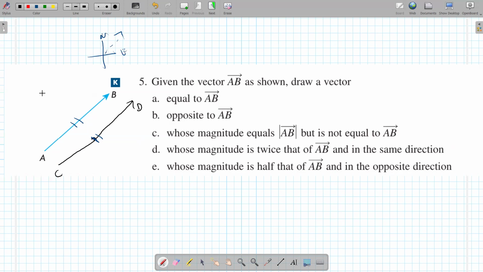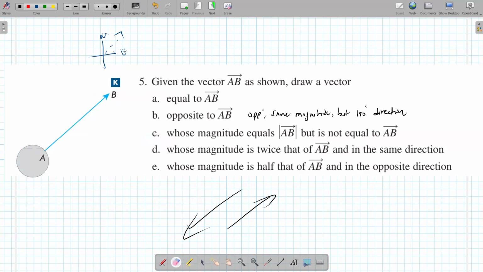So remember, what does opposite mean? Opposite means same magnitude. Length and magnitude mean the same thing. Same magnitude, but different directions. Opposite means, in fact, a 180 degree difference. 180 means a U-turn, like going this way, then this way. A 180 degree difference in direction.